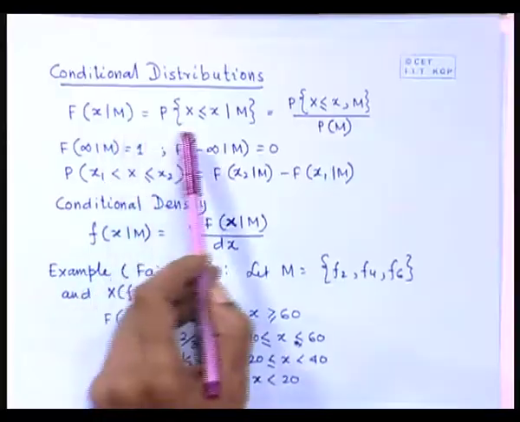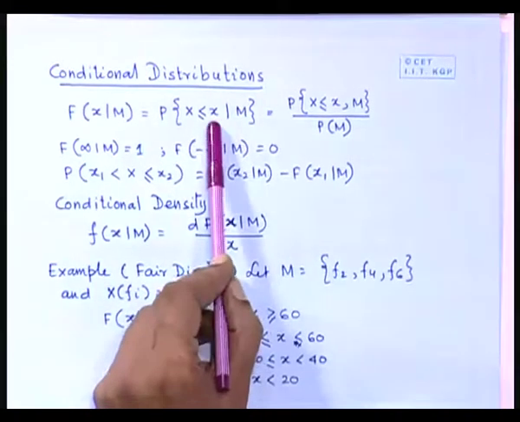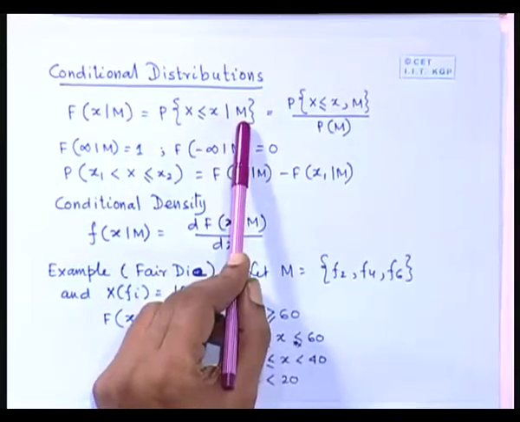So, this means the probability that capital X is less than or equal to x given that the event M has occurred.